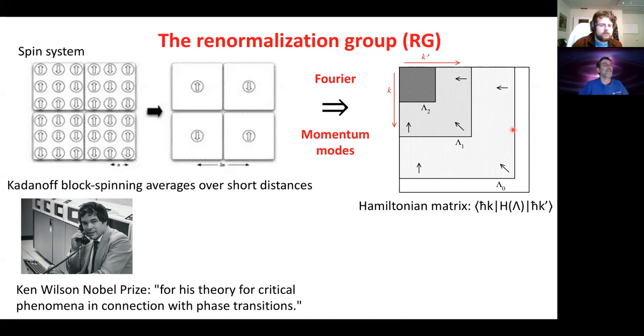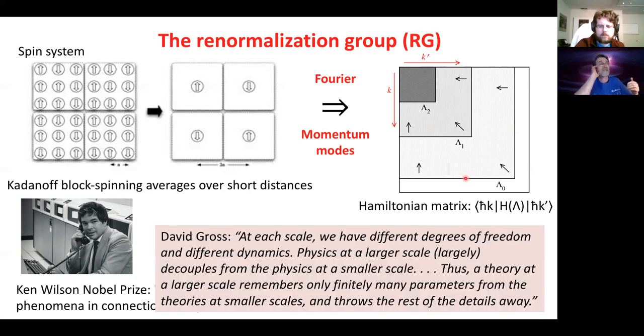That's what the renormalization group is. The group structure isn't really very important. That name came from a long time ago when people thought it was important, but it's basically this change of what happens as you integrate out, you remove short distance physics. So high momentum means short wavelengths, you're getting rid of it. So David Gross, who won a Nobel Prize for discovering asymptotic freedom in QCD using the renormalization group, said that the idea is that you have different scales.